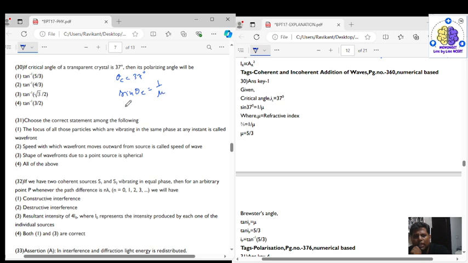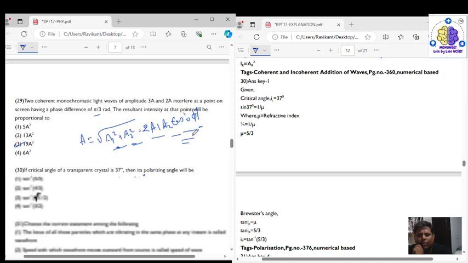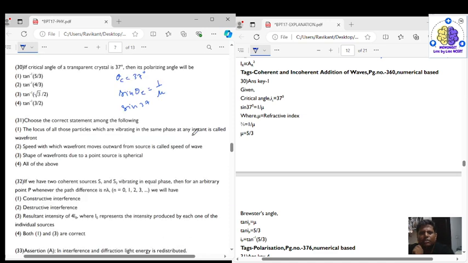So sine theta c means sine 37, right? We just saw that sine 37 is equal to 3 by 5, and this is equal to 1 by mu. So mu is equal to 5 by 3.